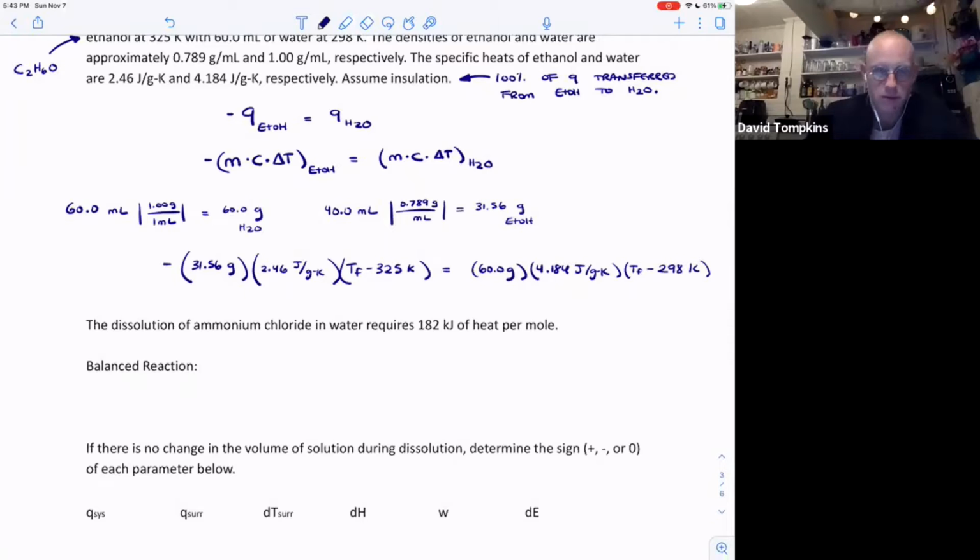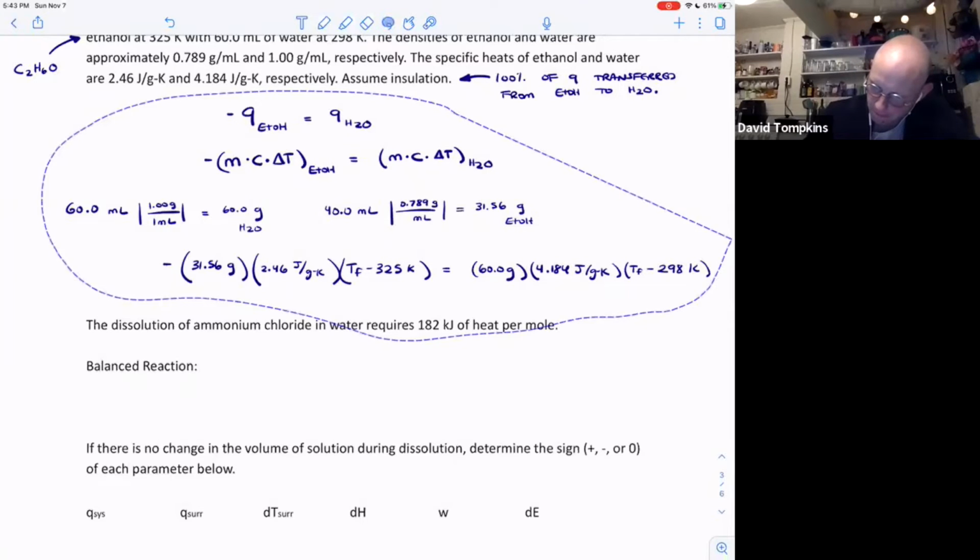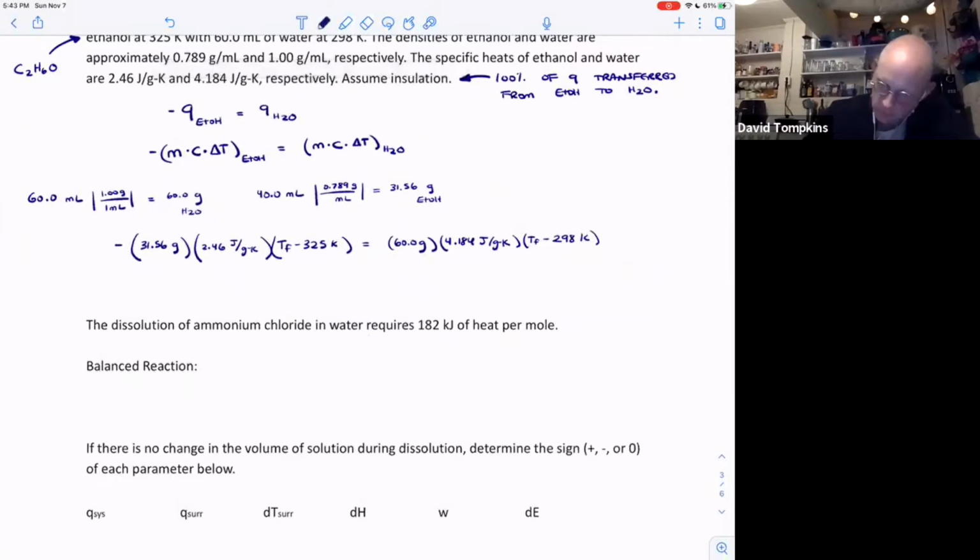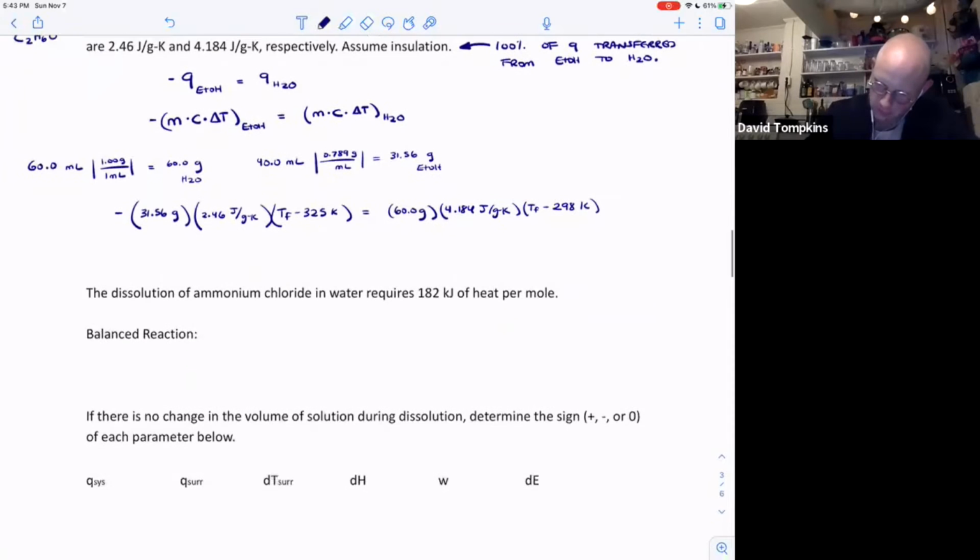I'm just going to multiply through on both sides. So over here I get negative 77.6 times T final minus 325 Kelvin equals 251.04 times T final minus 298.